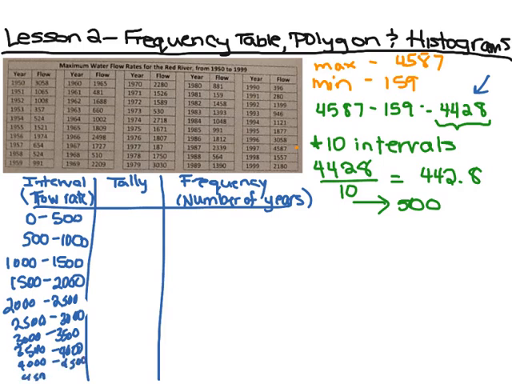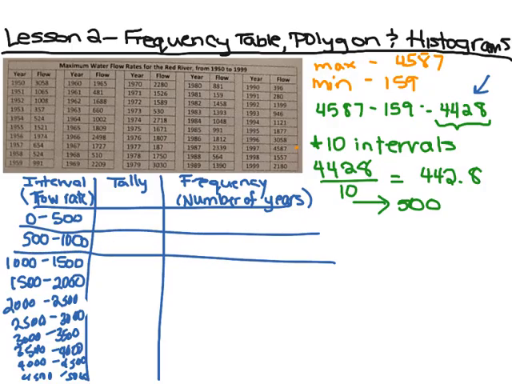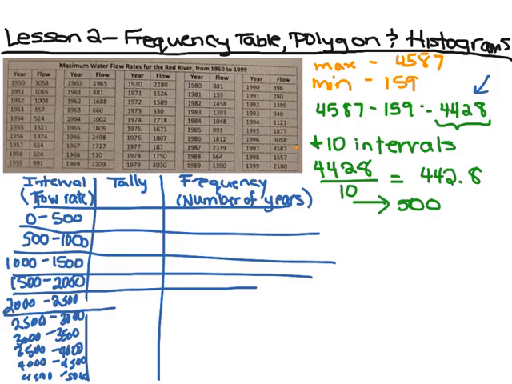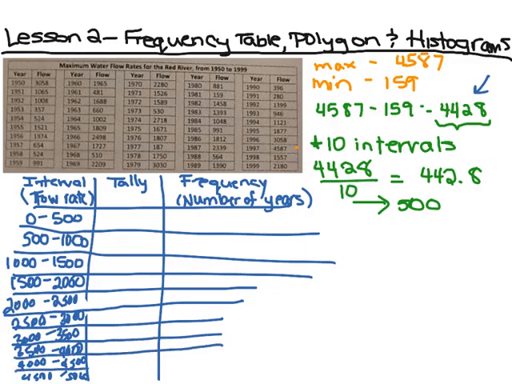And 4,500 to 5,000. I barely have enough room. You should have lots of room on your page. I just don't. And I would suggest drawing lines to keep your information organized. This is so hard on the iPad. I'll give you a picture of my finished frequency table done properly on paper.